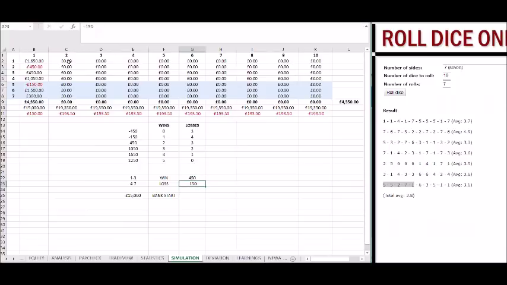So what we do now for week 2, we change the liability from 150 to 193.50, which means that the profit is now per trade £580.50.